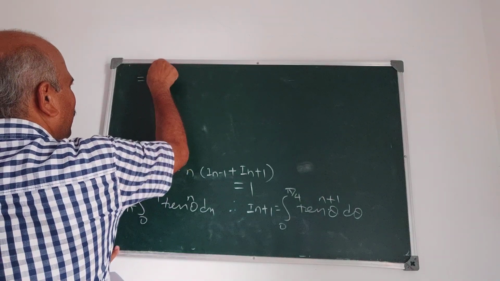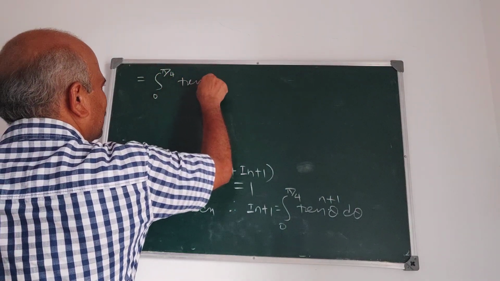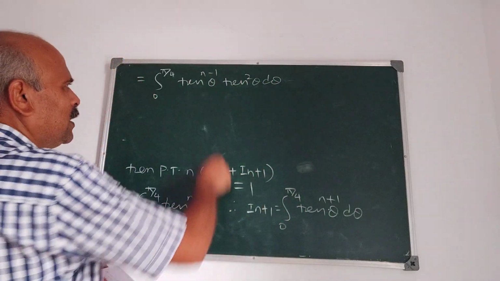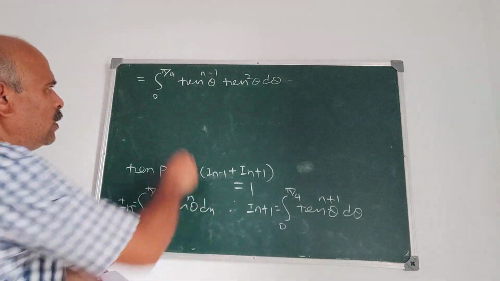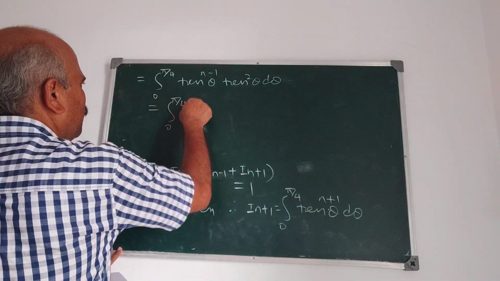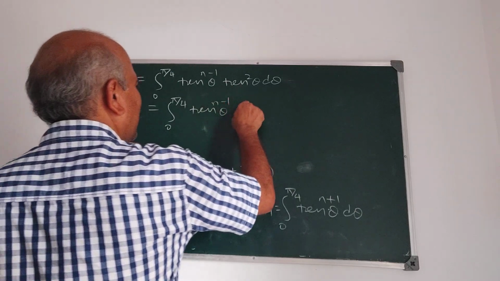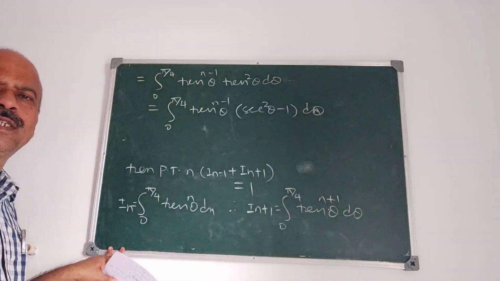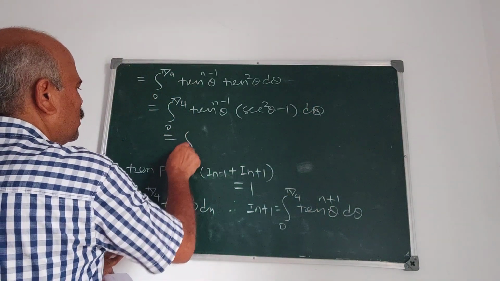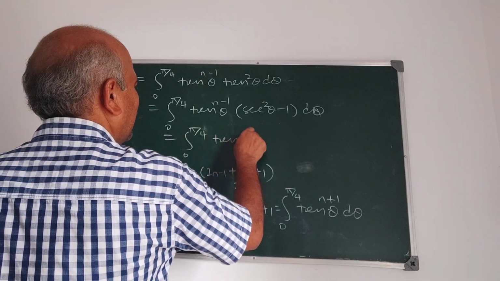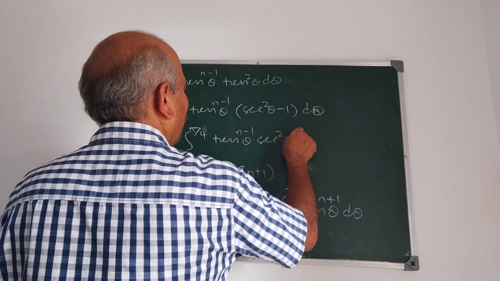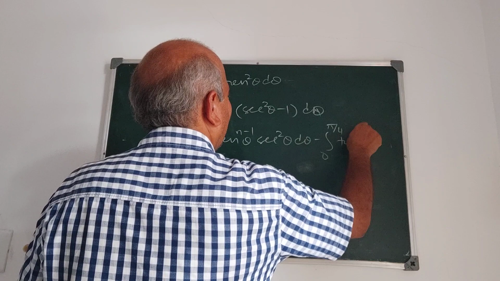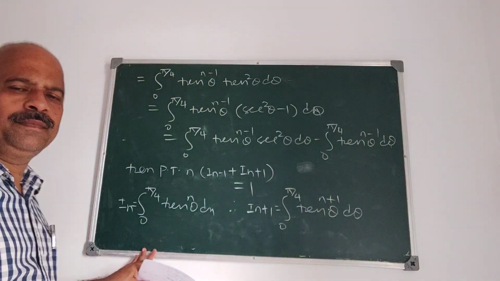It is therefore 0 to pi by 4 tan theta raised to n minus 1 into tan square theta. n plus 1 is written as n minus 1 plus 2. Therefore 0 to pi by 4 tan theta raised to n minus 1 into secant square theta minus 1 with respect to theta. Secant square theta minus 1 is tan square. So 0 to pi by 4 tan theta raised to n minus 1 secant square theta minus 0 to pi by 4 tan theta raised to n minus 1 with respect to theta.